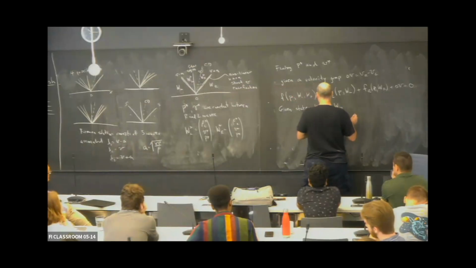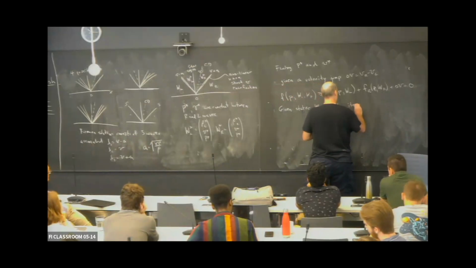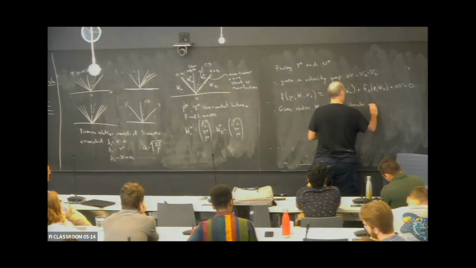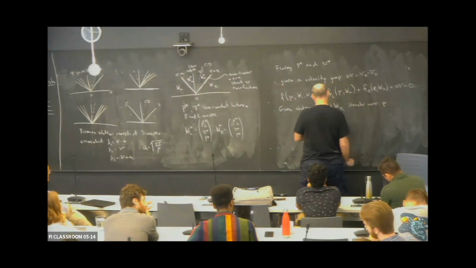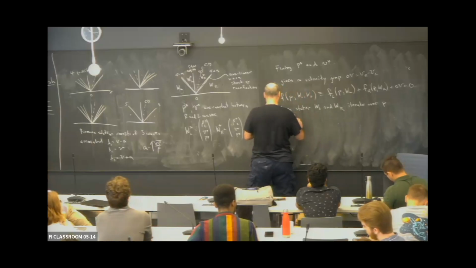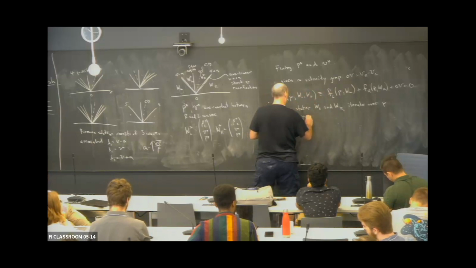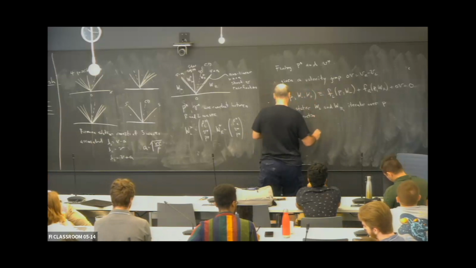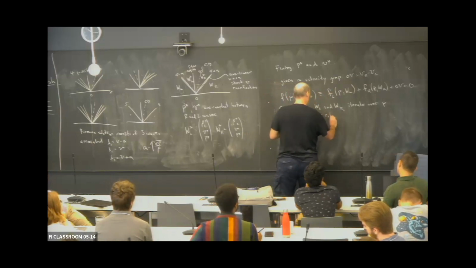So given these states, iterate over P, the pressure, until this equation is solved. And we found the root of that equation, and that is P star.